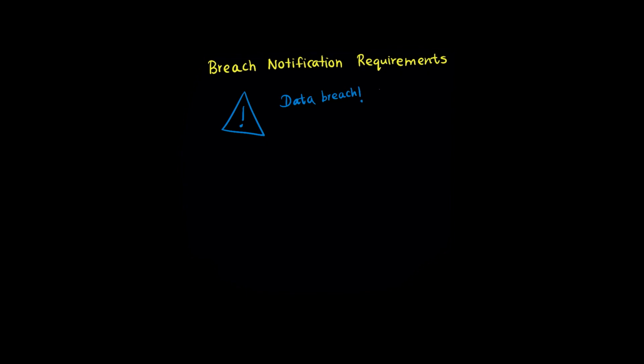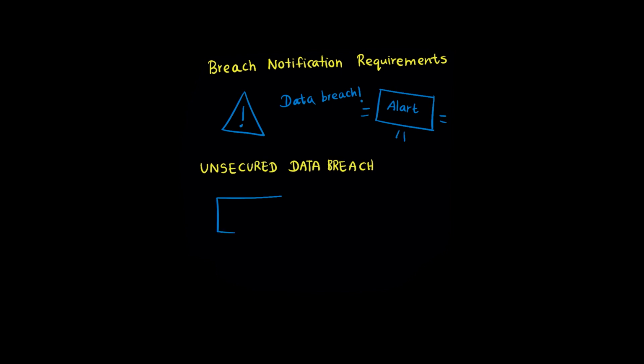HIPAA breach notification requirements establish clear protocols for responding to unauthorized access to protected health information. When protected health information is inappropriately accessed without authorization, immediate notification to affected individuals is required for unsecured data breaches. An unsecured data breach involves unencrypted, protected health information that has been accessed, used, or disclosed in violation of privacy rules.